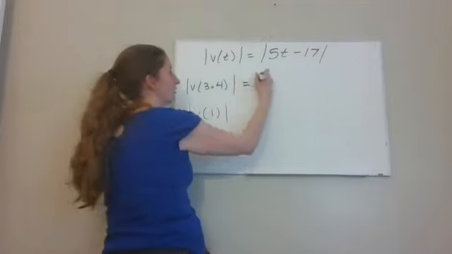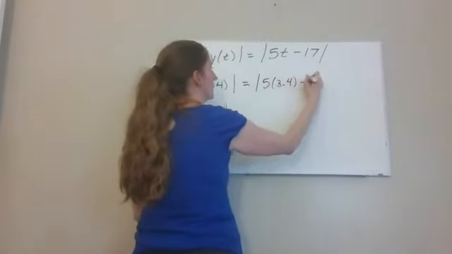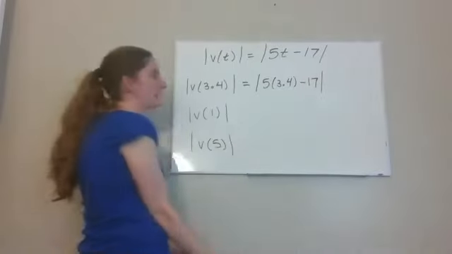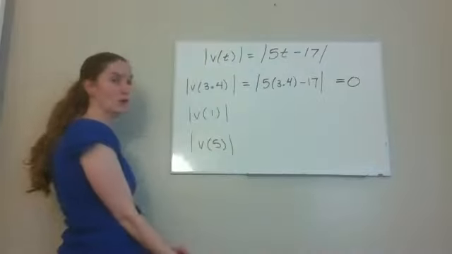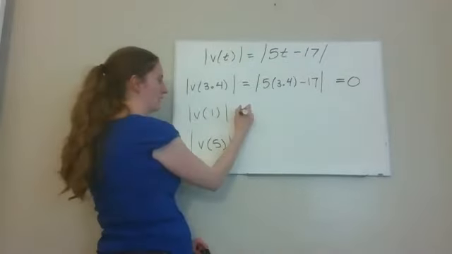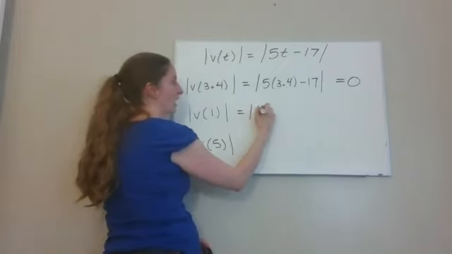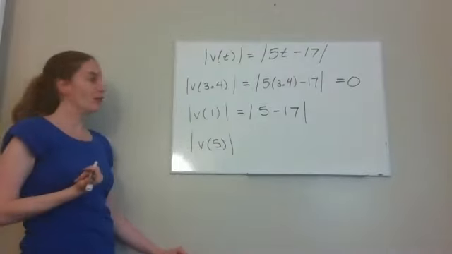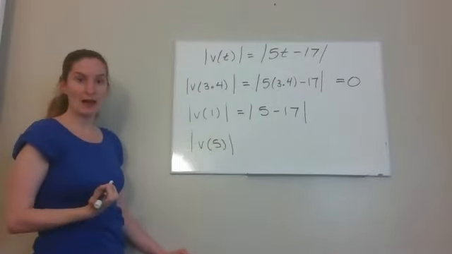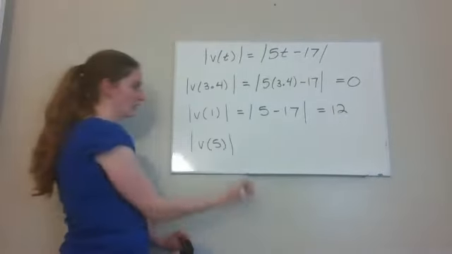When I plug in my critical value, I get the absolute value of 0, which is 0 for my speed. When I plug in the left endpoint 1, I get absolute value of 5 minus 17. Well, 5 minus 17 is negative 12, but the absolute value of that is 12.